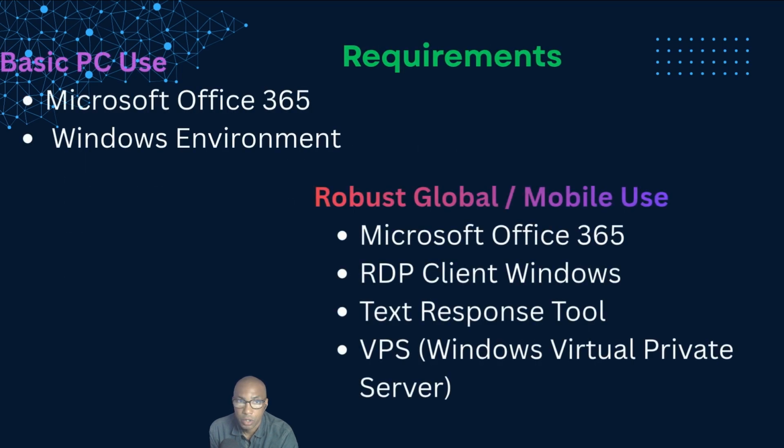The requirements for basic PC use are a working PC that runs Microsoft Office 365 in your Windows environment. And that's just using it on the PC. Now, if you want to use it the way I use it, in a robust global mobile use situation, you have to have a Microsoft 365 account. You have to have a remote VPS and RDP capable Windows client, or Windows Server, something like that.